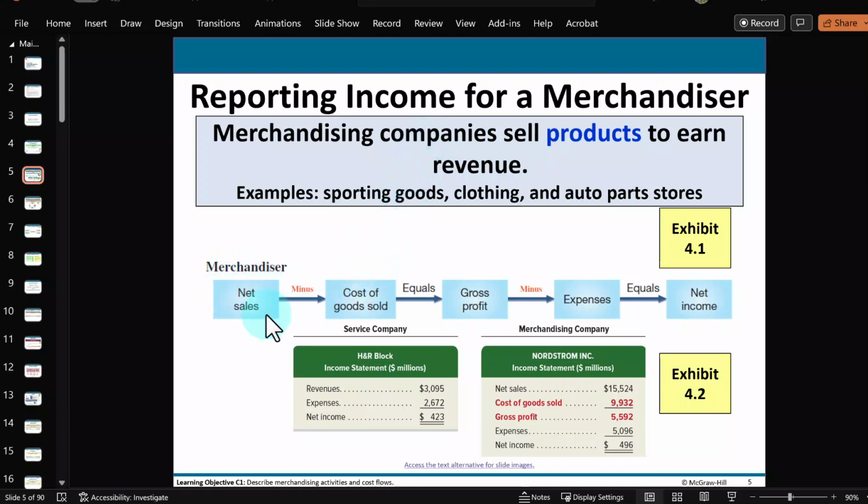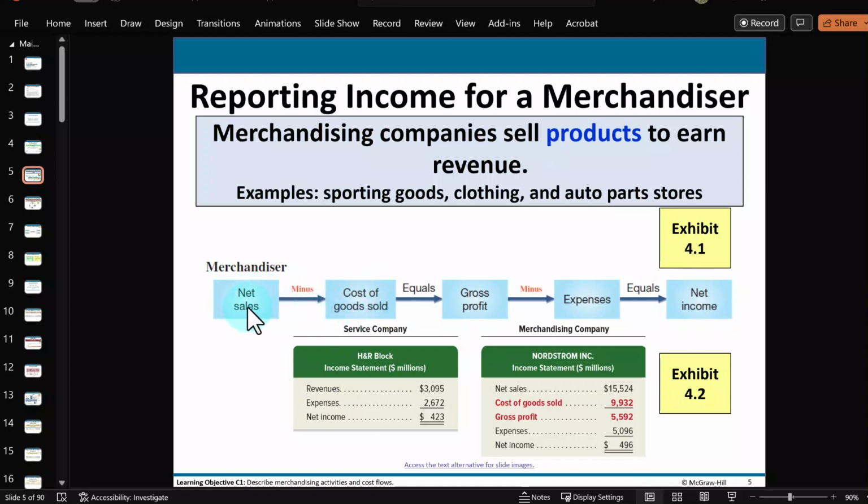We still have revenue being recorded first, but now the first thing we subtract out is not all of the expenses like we saw in the previous example for service type businesses, but one of the big main costs of a merchandising company, and that's the cost of the merchandise we just sold.